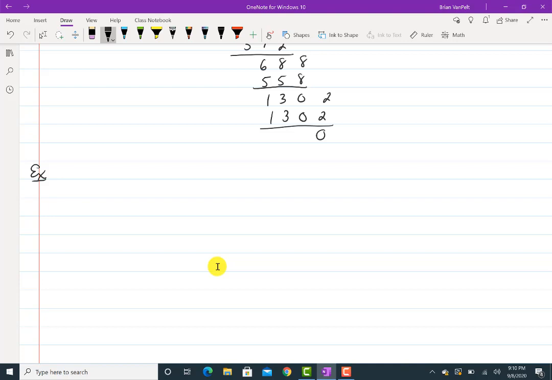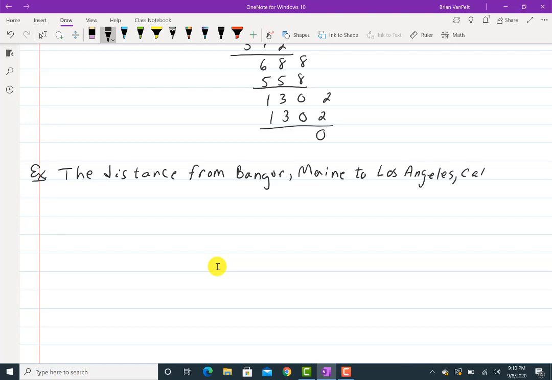So let's start this off with the distance from Bangor, Maine to Los Angeles, California is approximately 3,200 miles.